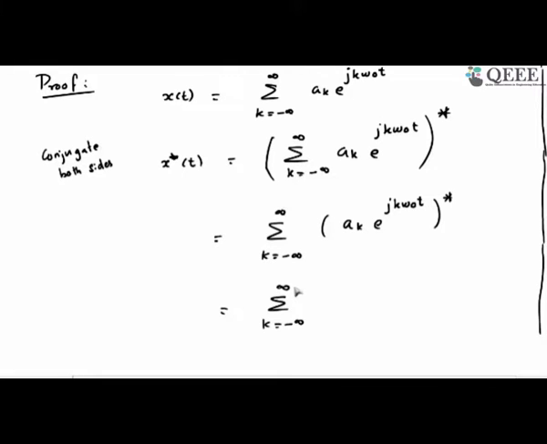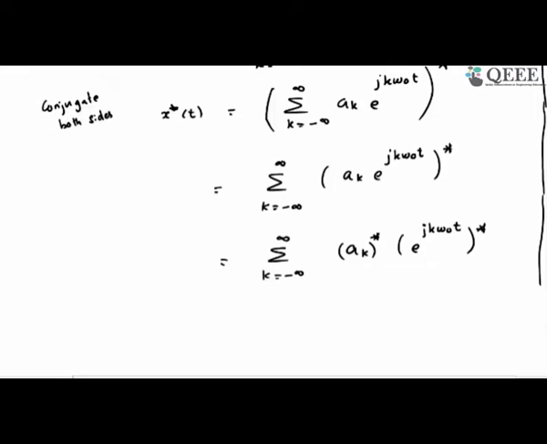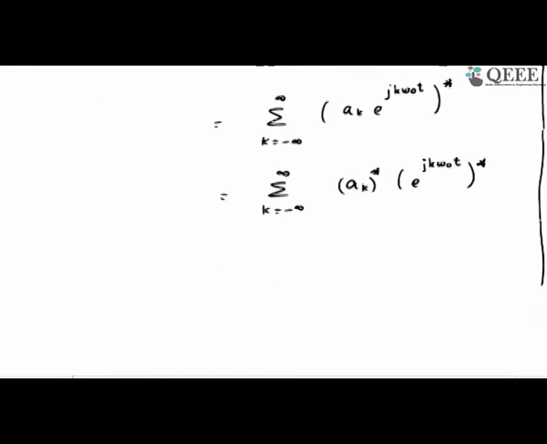The conjugate of the product is equivalent to taking the conjugate of each quantity and then taking the product. When you conjugate a product of two complex numbers, it is equivalent to conjugating each complex number and then taking the product. That is what I am using now.